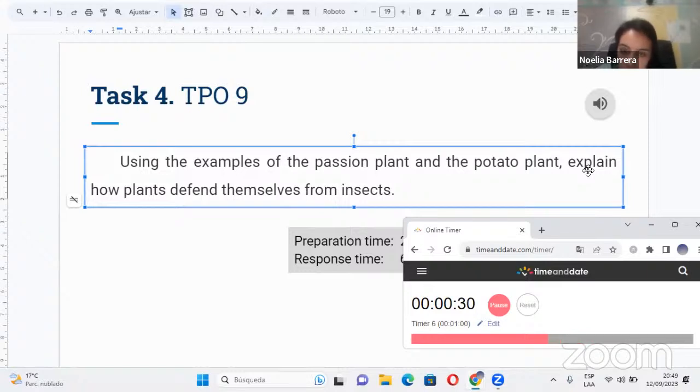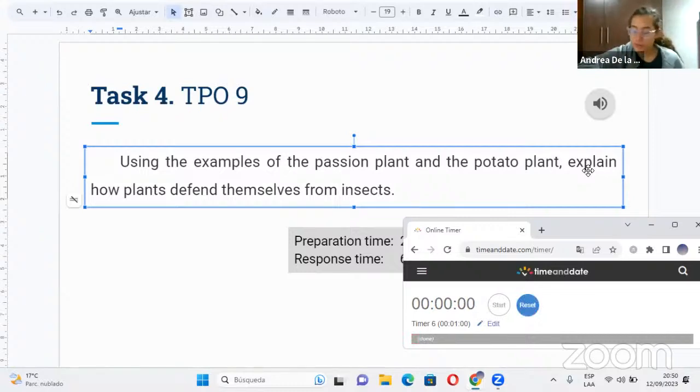And then she explains chemical defenses, to release a chemical in the insect's system, so they don't want to eat anymore. For example, potato plants. The plants release a chemical in the insect's system, so the insects feel like they're not hungry anymore and stop eating them.